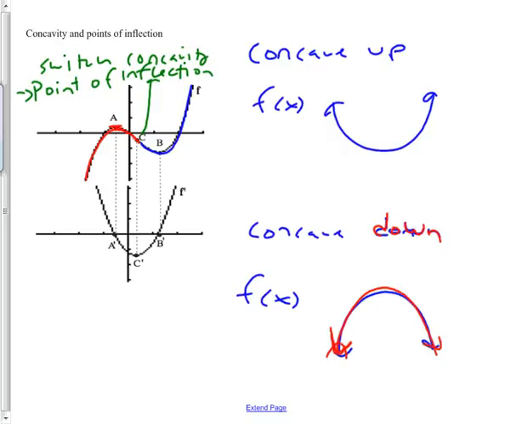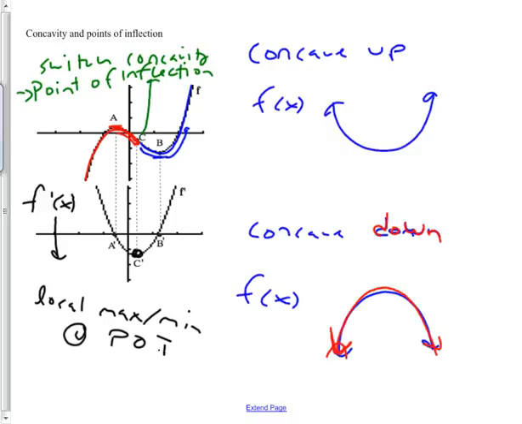The slope is getting more and more negative until C. But afterwards C, our slope is getting more and more positive until here it's 0, and then it's positive thereafter. So at the point of inflection, our derivative function always is going to have a local max or min.